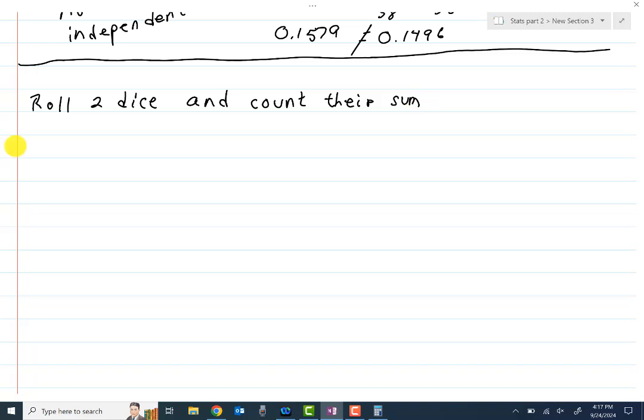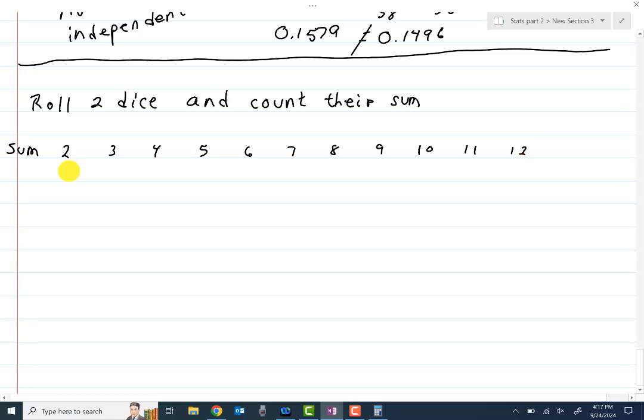So I'll put the sums along the first row here. So I'm going to have a sum of 2, 3, 4, 5, 6, 7, 8, 9, 10, 11, 12. So those are the only possible sums I can get when I toss 2 dice. Let's start with the number 2.